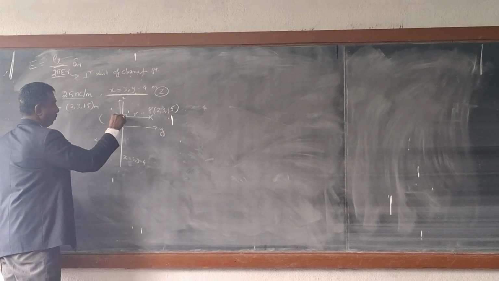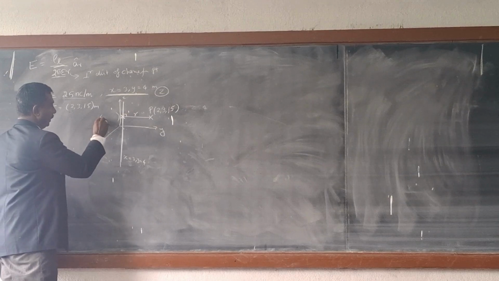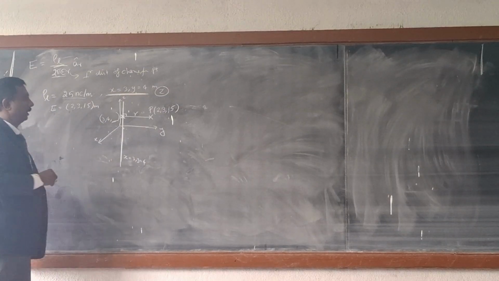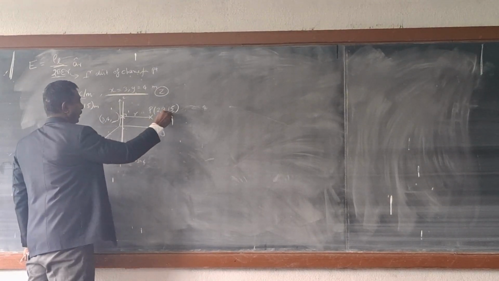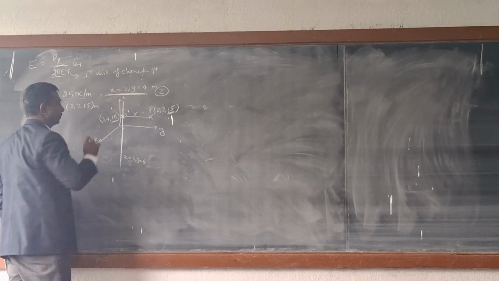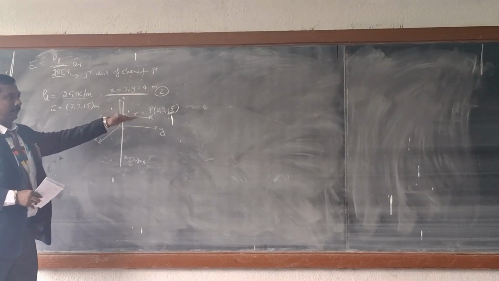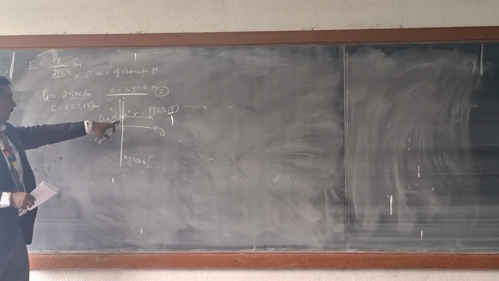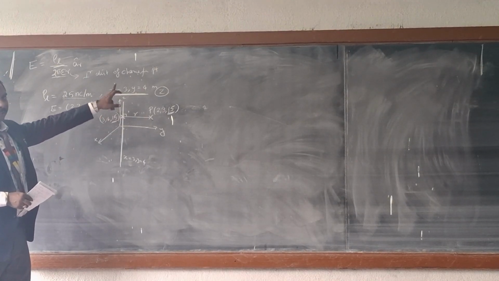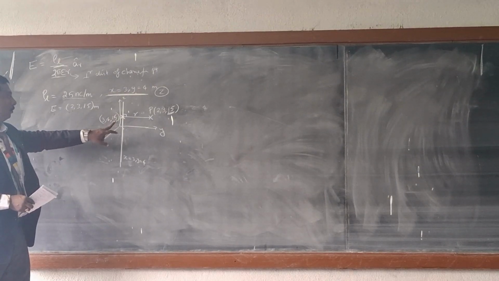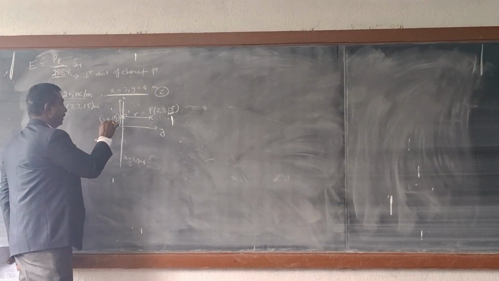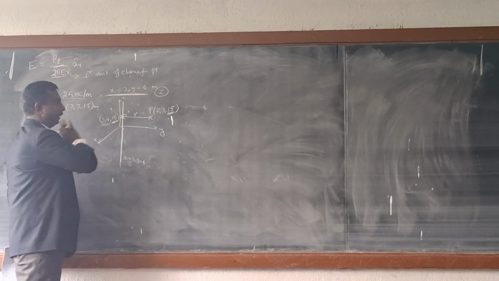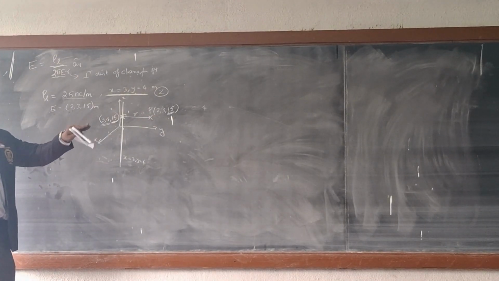We know anywhere in this line, x is constant, y is constant, and z is variable. Z we can directly copy from here, since it is a perpendicular line, the point will be situated at the same height as that point on the charge. So 3 and 4 are constant as given in the problem itself. This 15 we can copy from that point, since they both will be at the same height.